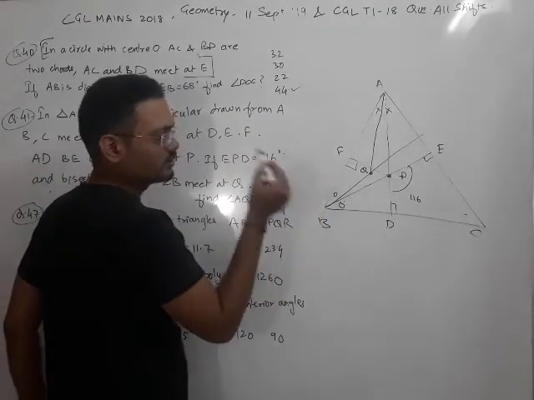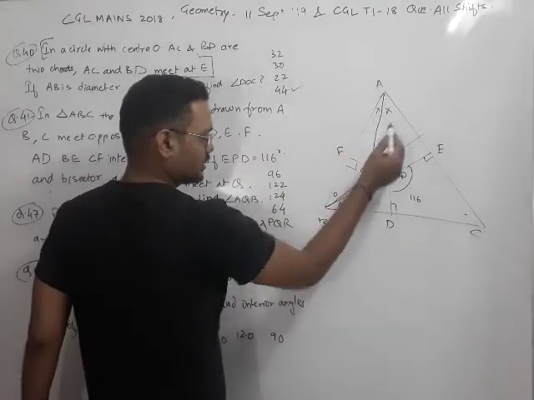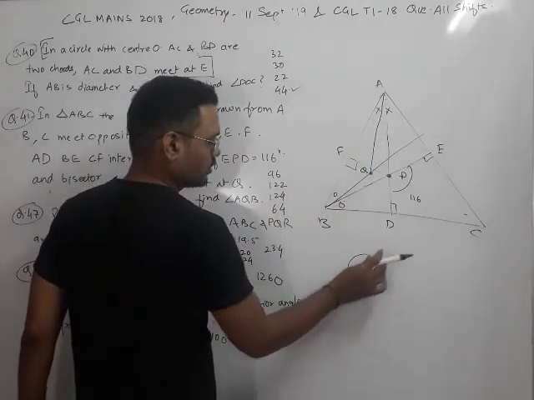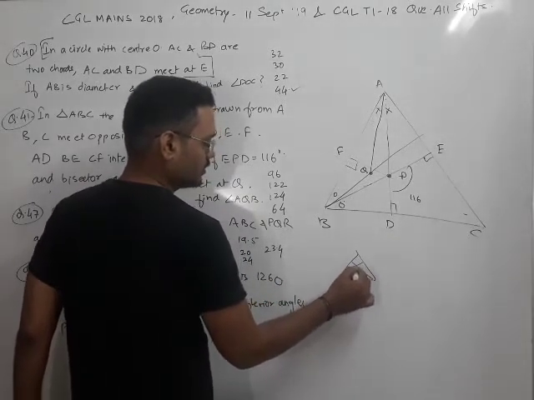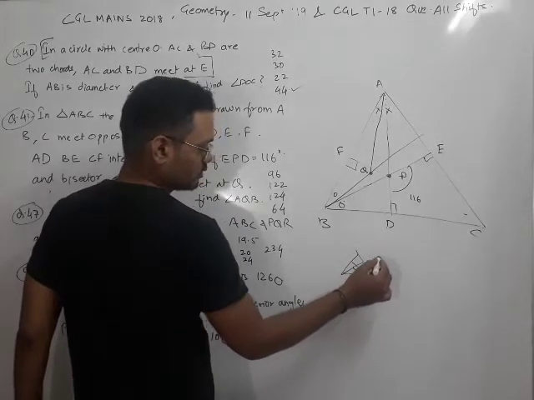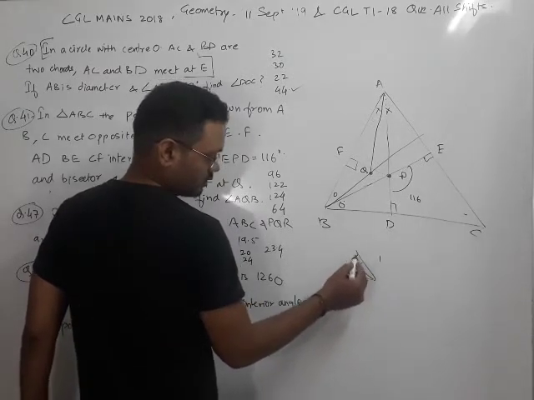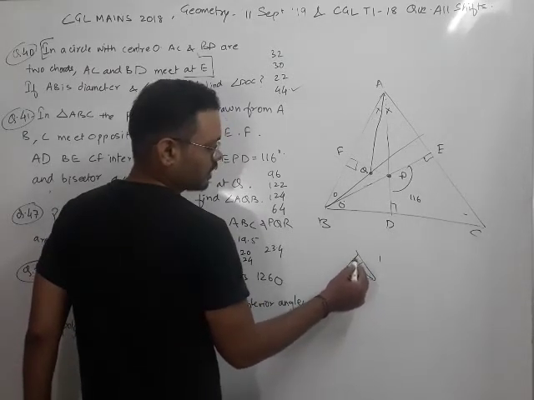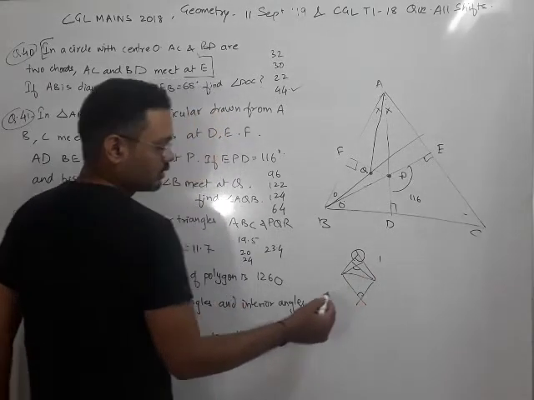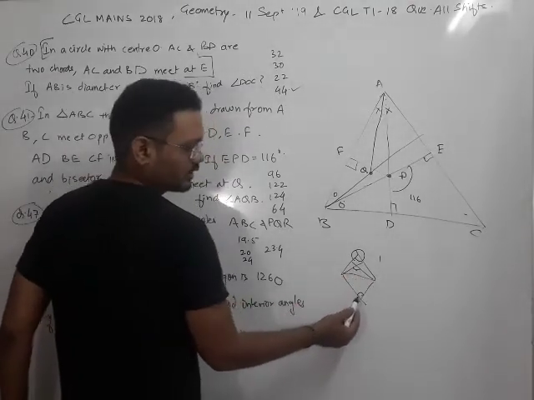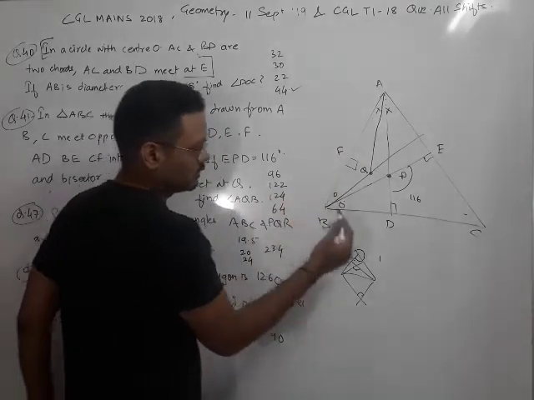This is the only thing which is repeated in many questions in prelims and mains also. Angle bisector means, you remember that property of a triangle. This is angle bisector, this is angle bisector. So this angle is 90 minus, it will be minus half of A. If this is angle bisector here, this angle is 90 plus half of A, this is 90 minus half of A. So it is the same thing asked in other words.